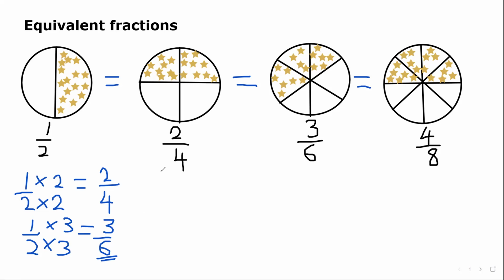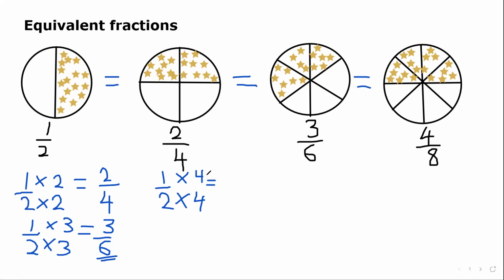Okay, good. Assuming that you want to write another equivalent fraction for 1 over 2, you can pick any number like 4. Okay, so use the 4 to multiply the denominator here. And the number that we'll be using to multiply the denominator must be used to multiply the numerator here. In order to get an equivalent fraction, the same number must be used twice, to multiply the numerator and to multiply the denominator.